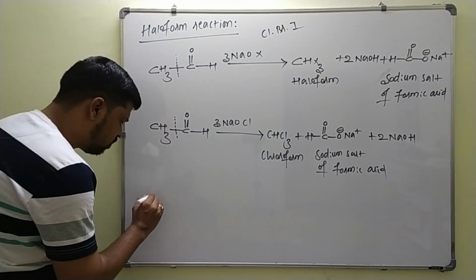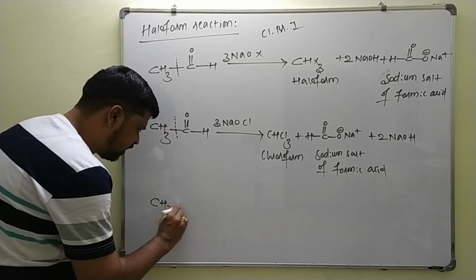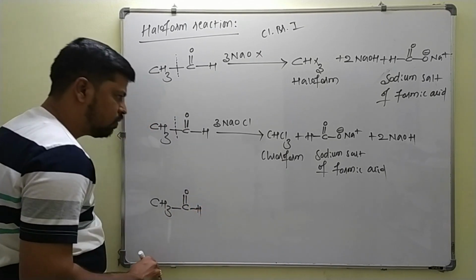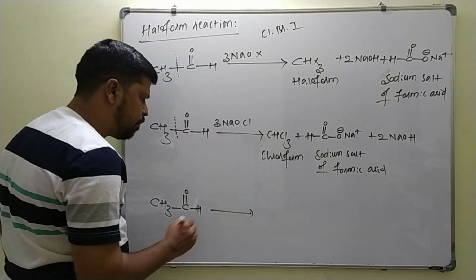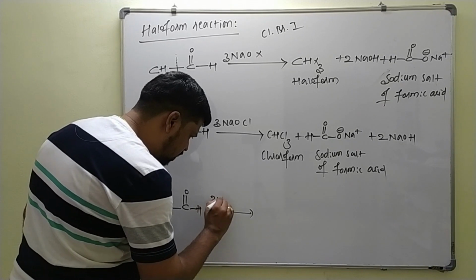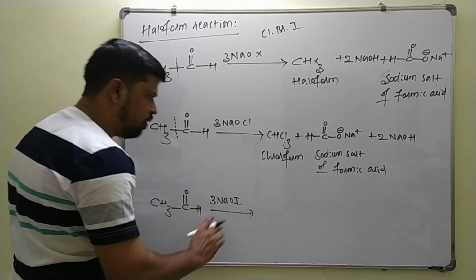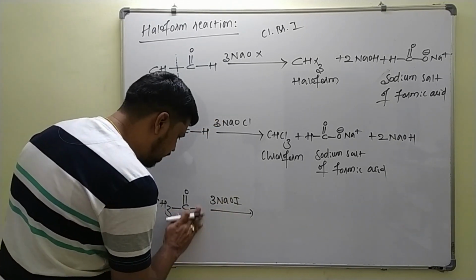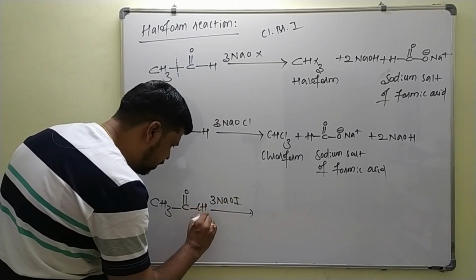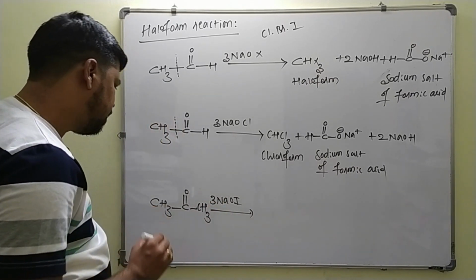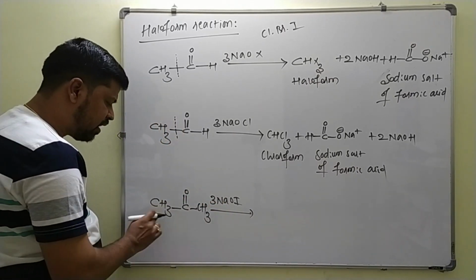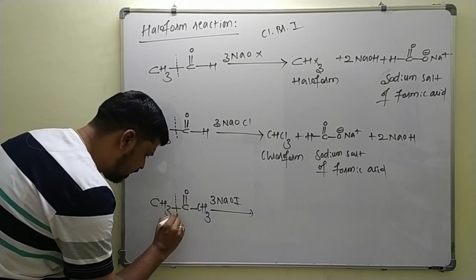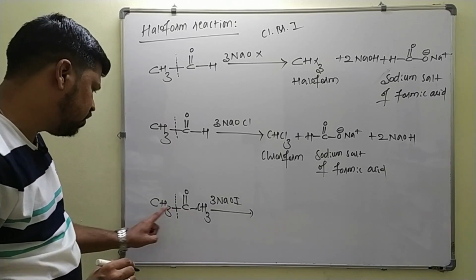Similarly, you can take CH3 C double bond O with an alkyl group, on treating with sodium hypoiodite, 3 times NaOI, you will get iodoform here. You can change the alkyl group here, so this is an aldehyde and this is a ketone, again a methyl ketone here. So here you just break this carbon bond, that is before the carbonyl group.